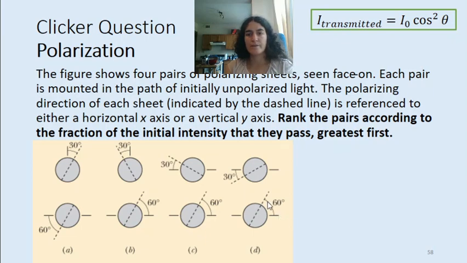Let's try this one. Here this axis is 60 degrees from the horizontal, but I also know I'm 30 degrees from the horizontal here, right? So the relative angle between these two is 60 minus 30, so 30 degrees.